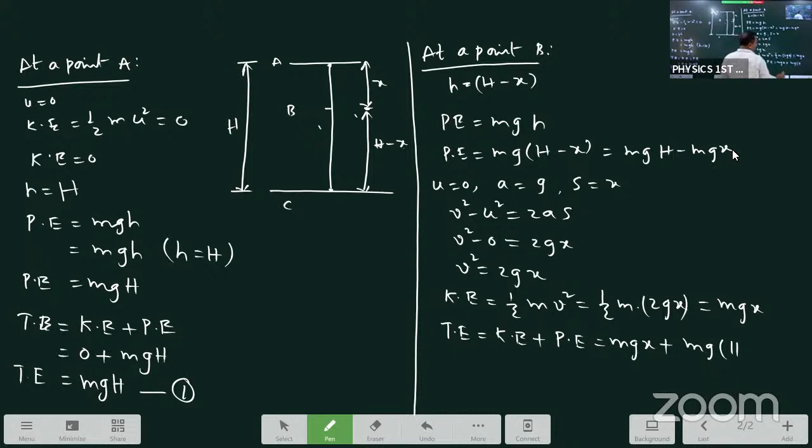So I will write mgh minus mgx. These two will be cancelled, remains mgh. So total energy at point B is mgh. This is equation 2.